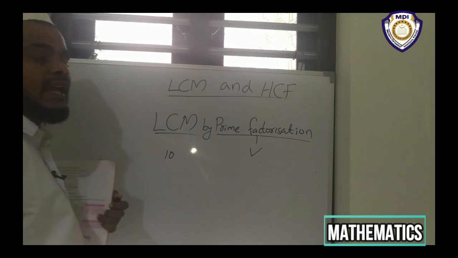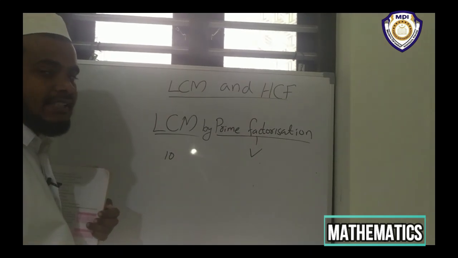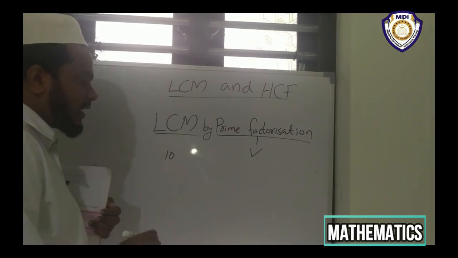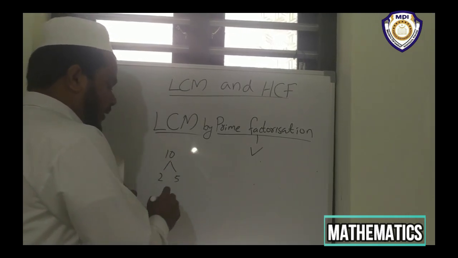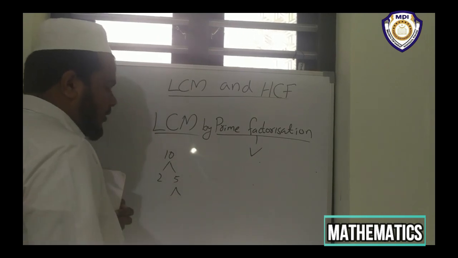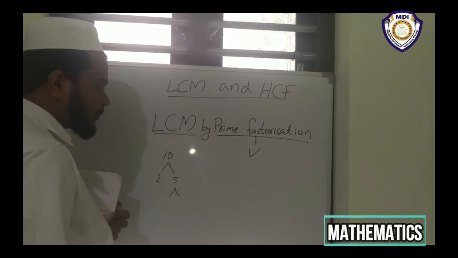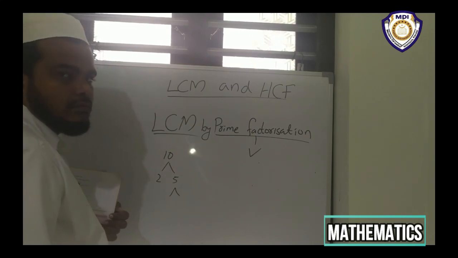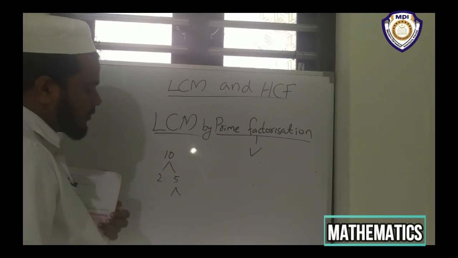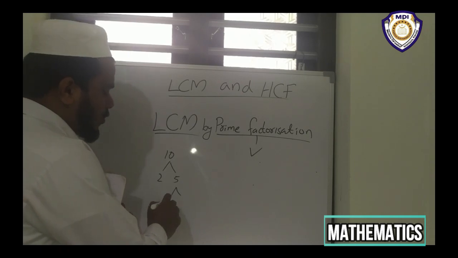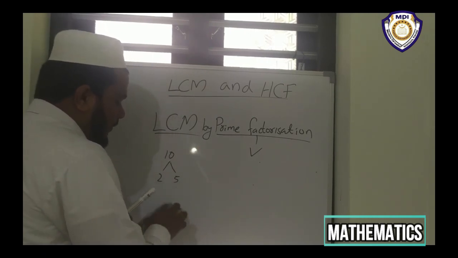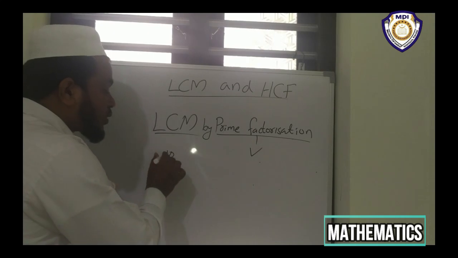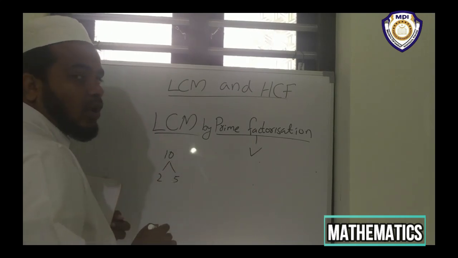Prime factorization means, for example, 10. 10 is a number. The factors of 10, we can write 2 into 5. Is there another factor? No. These are the prime factors of 10.